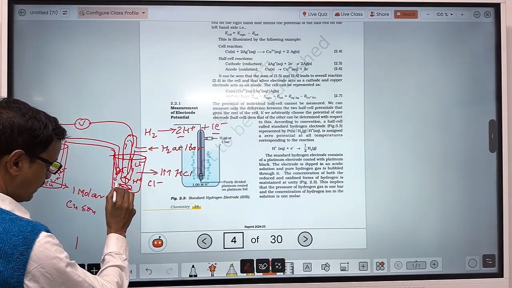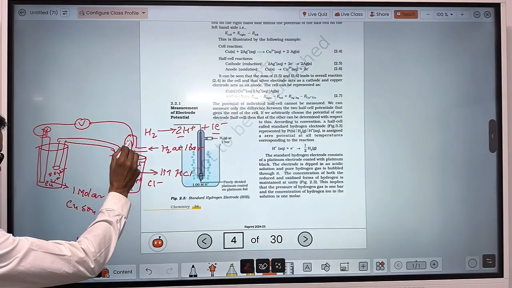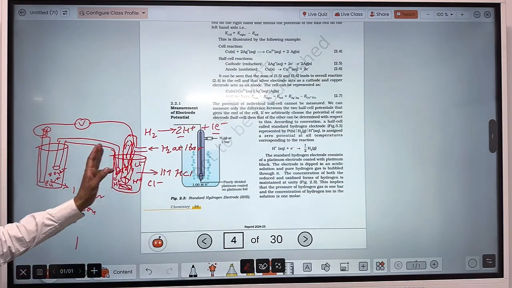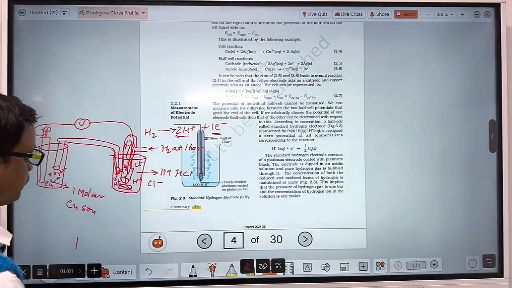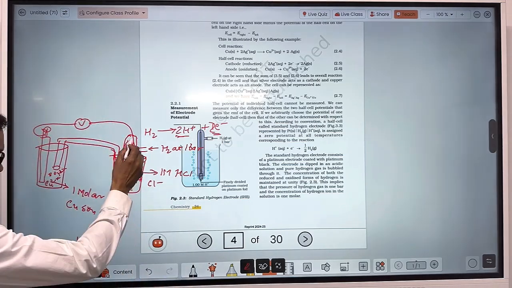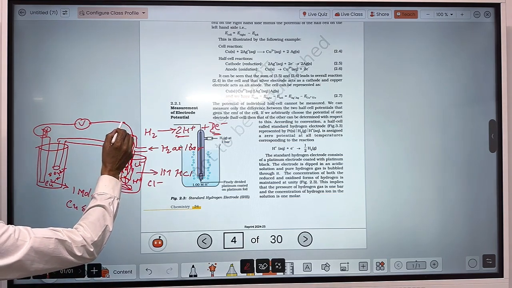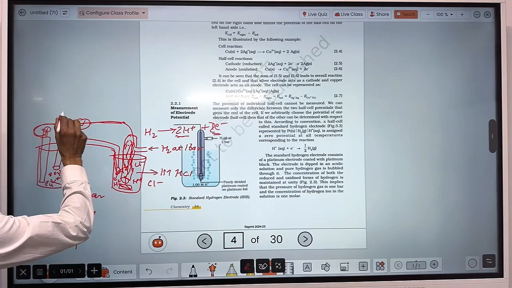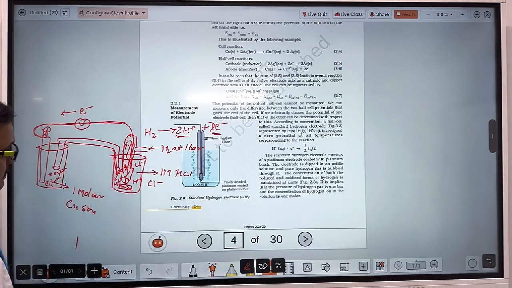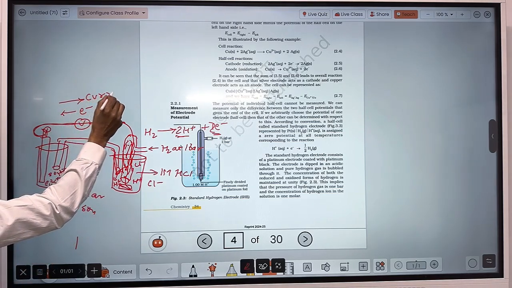The H+ ions will enter the solution, and the electrons will flow from the hydrogen to the copper.